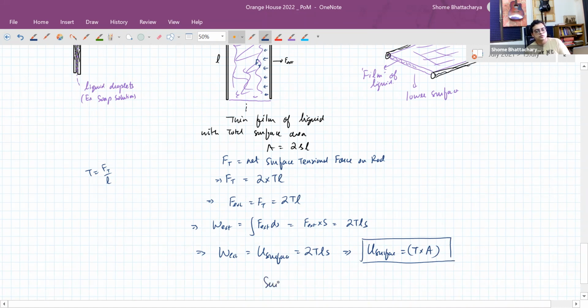So surface energy equals surface tension multiplied by total surface area.